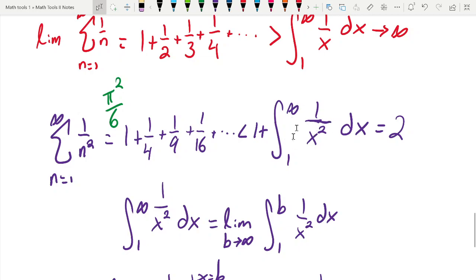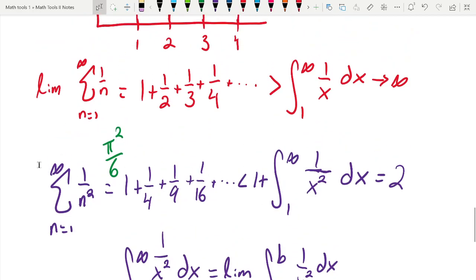In this case, it was an integral. Then that told us that this also converges. So when we say that something converges, we mean that it's finite, that the answer to what this sum is, is a finite number. So if it's less than some other finite number, then of course it's going to be itself a finite number.